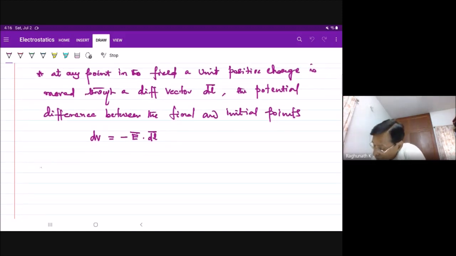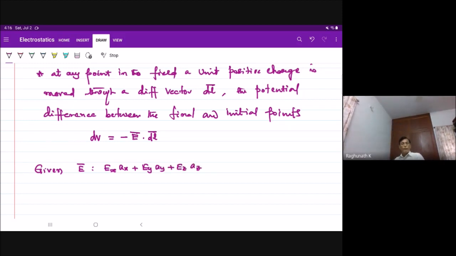Given E bar at any point is equal to Ex ax plus Ey ay plus Ez az, where Ex, Ey, Ez are general functions of x, y, z, or constants, doesn't matter for us. Ex, Ey, Ez are the components.